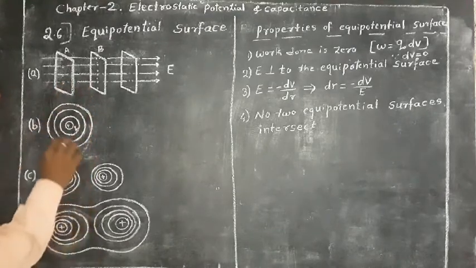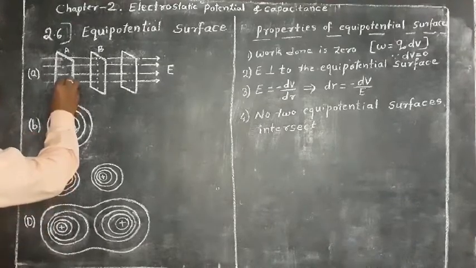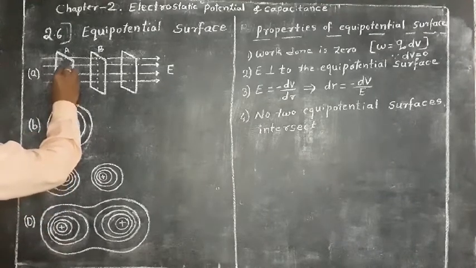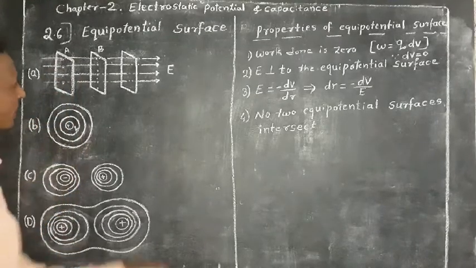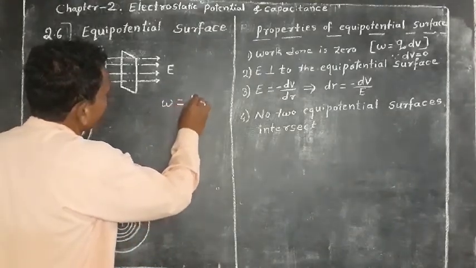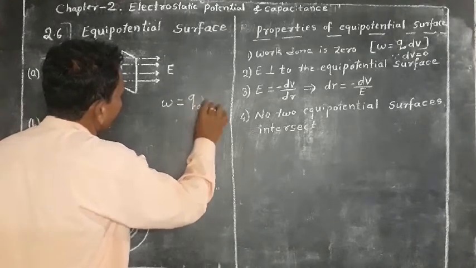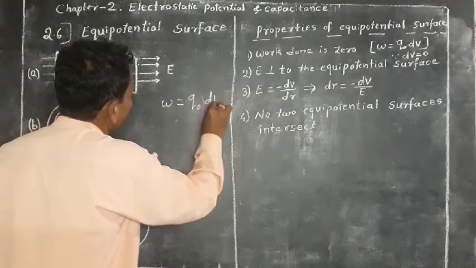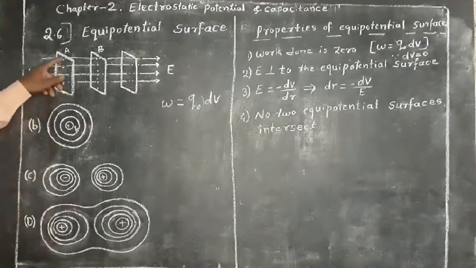The work done in moving a charge from one point to another on an equipotential surface is equal to 0, because work done is given by W equal to q naught into delta V, where delta V is the potential difference between any 2 points.